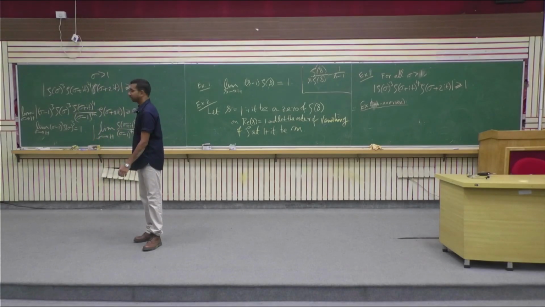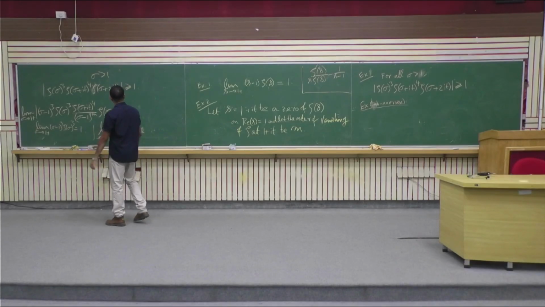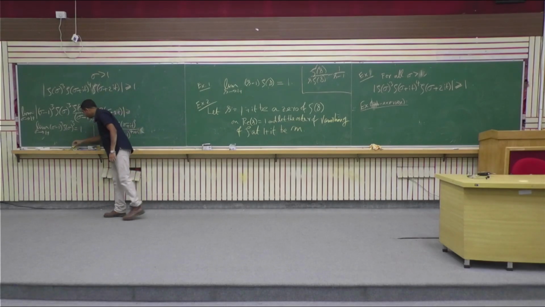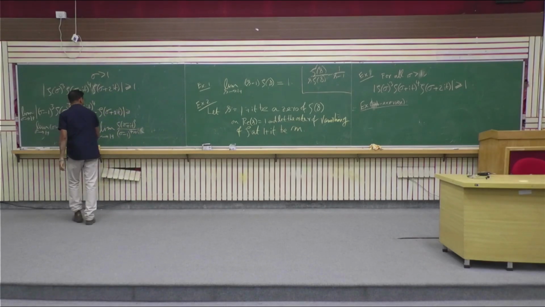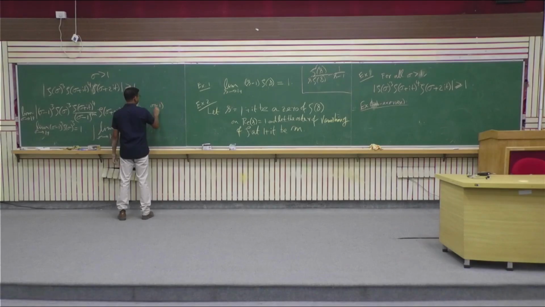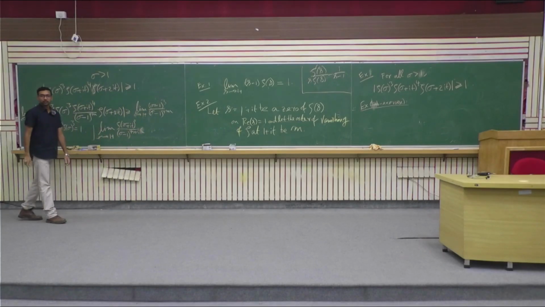Yes, right, not C times this. That was why I wiped the right part, because this should be larger than or equal to the limit of sigma minus 1 whole cube by sigma minus 1 whole to the power 4m as sigma goes to 1 plus.